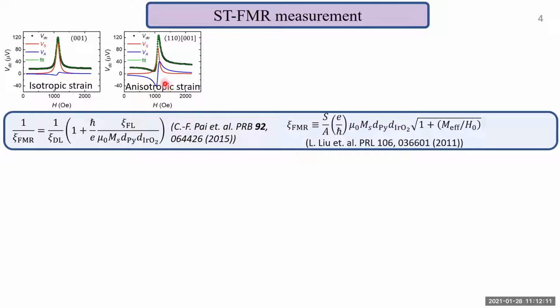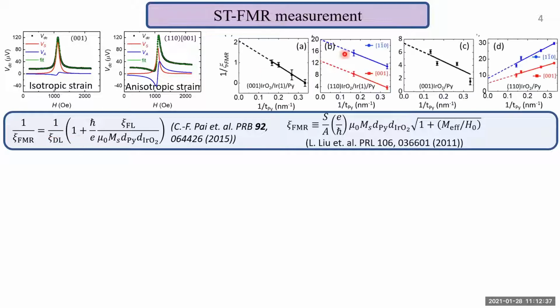It basically tells us that we have to measure this zeta FMR, the efficiency of FMR, which is determined by the ratios of symmetric and antisymmetric Lorentzians and some other values. And we have to plot this against the inverse of the ferromagnet thickness. From this, we can quantify the damping like torque efficiency. If you plot this, the inverse of the intercept will give us the damping like torque efficiency, and the slope will give the field like torque efficiency.